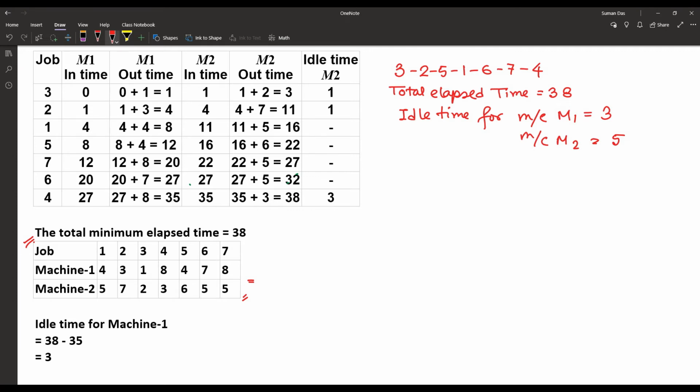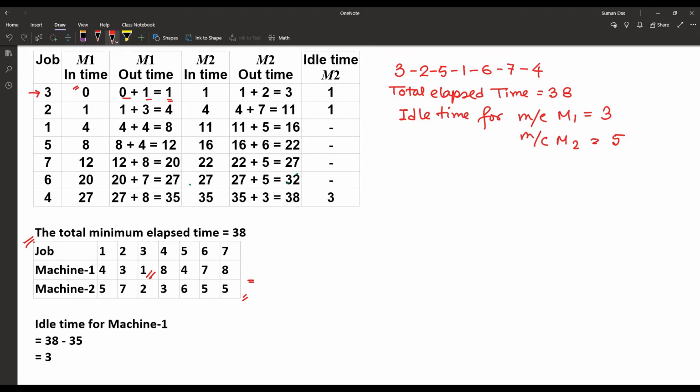The first job is 3. So we have to start from 0 as no initial time has been given. For job 3 on machine M1, the processing time is 1. So that is 0 plus 1, or 1.